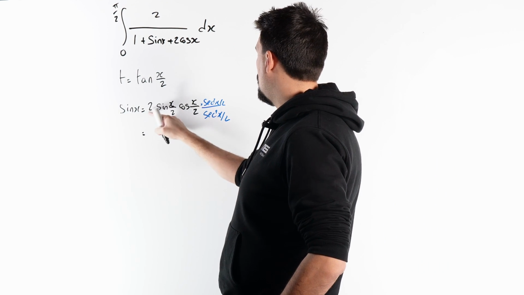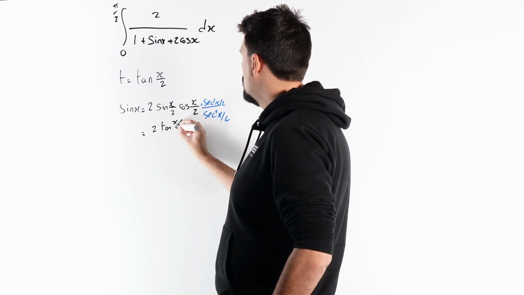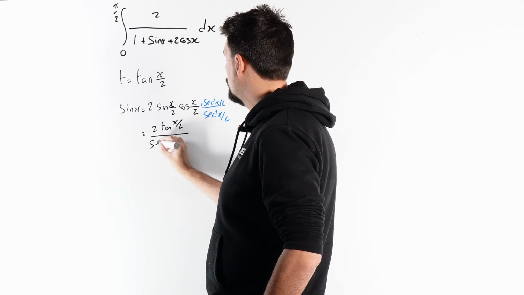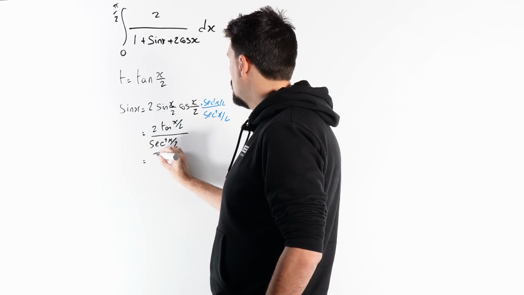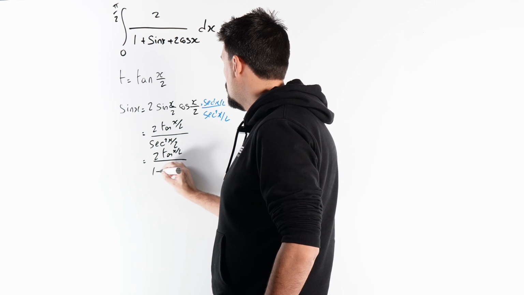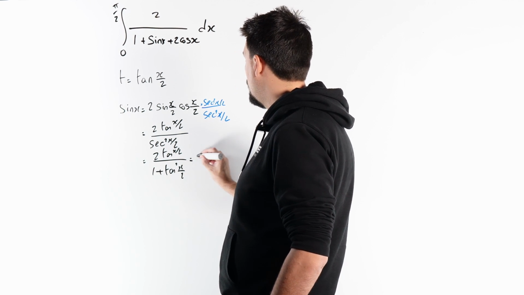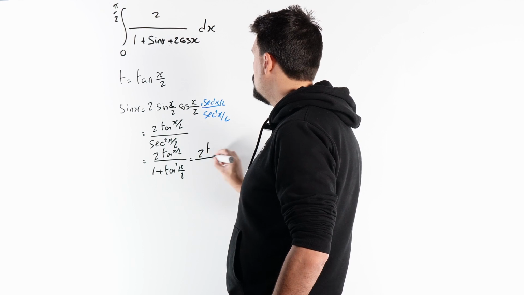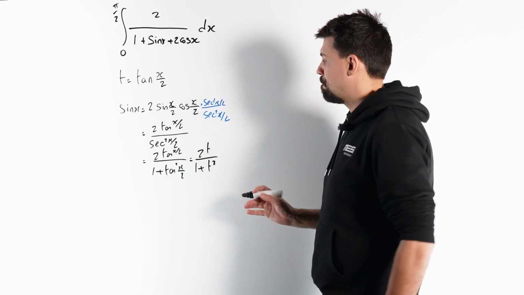I end up with, of course, that's 1 over cos squared, so I end up with 2 tan x over 2 over sec squared of x over 2. That is 2 tan of x over 2 over 1 plus tan squared x over 2. So that is 2t over 1 plus t squared.